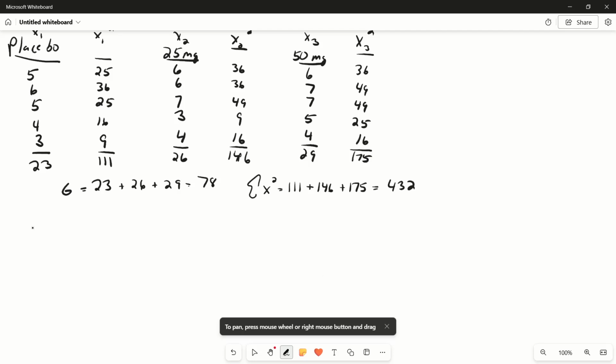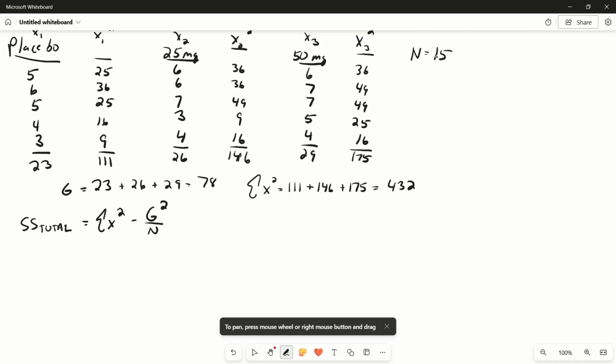Okay. So we're going to do sum of squares total. That's going to be equal to the sum of x squared minus G squared over capital N. Now capital N here is the sample size, so it's 15. And then the lowercase n's are going to be the sample size for each group.